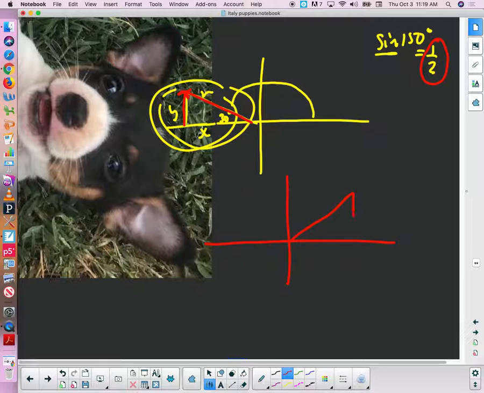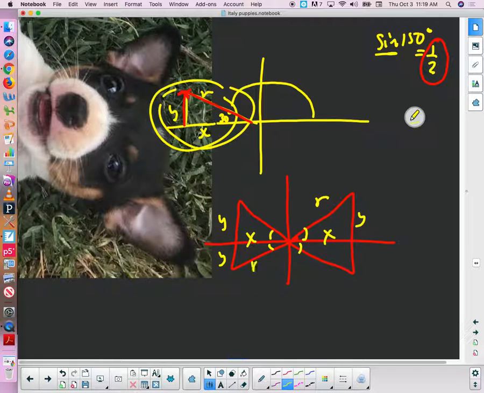I'm going to draw the butterfly bow tie, whatever you want to call it. And this is what you did for homework, finding all these cutesy little reference angles. Okay? This is x, y, and r. Don't forget, sometimes us trigonometry teachers forget to remind you these are angles. They're part of a bigger circle. Okay, everybody?